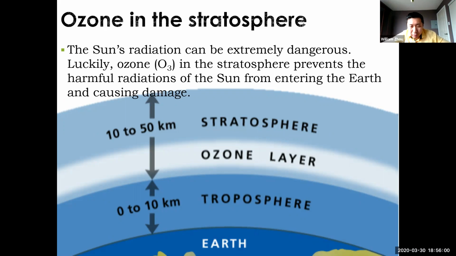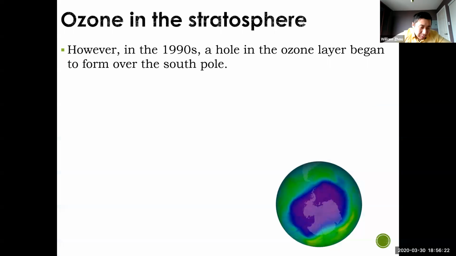What the ozone does is it blocks ultraviolet radiation from the sun. It prevents the majority of ultraviolet radiation from reaching the ground. And we learned that ultraviolet radiation can induce cancer, especially skin cancer. So the ozone layer acts like a protective shield, which is a good thing.